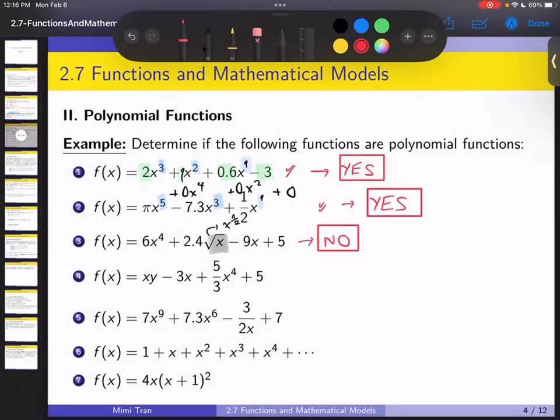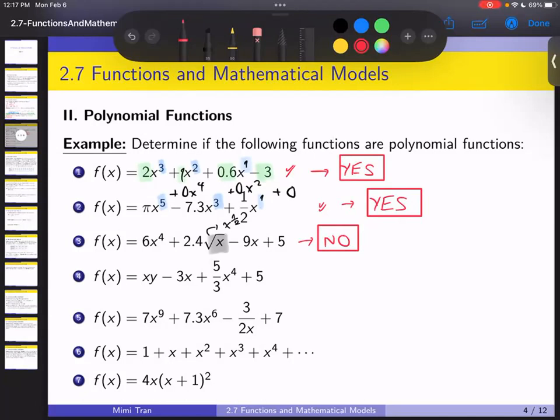What about number 4? Let's finish the polynomial test. Two things to be a polynomial: real coefficients and non-negative integer powers. So do we have real coefficients?